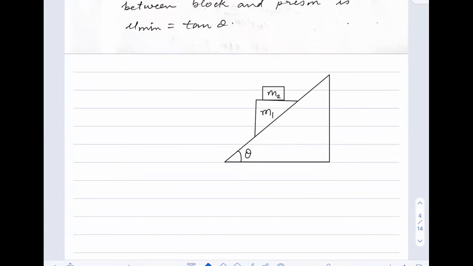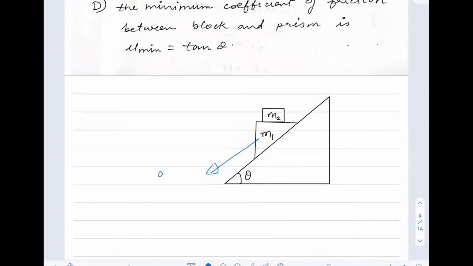So this prism m1 will move downward with the acceleration g sine theta due to the gravity force. G sine theta will be the downward acceleration on this.